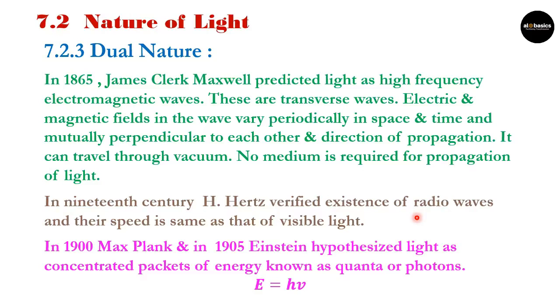Then in the early 20th century, Max Planck and Einstein hypothesized light as concentrated packets of energy. Einstein proposed the special theory of relativity, and he ruled out the necessity of the ether medium. And he said that light is nothing but packets of energy, and the name given to that is quanta or photons.